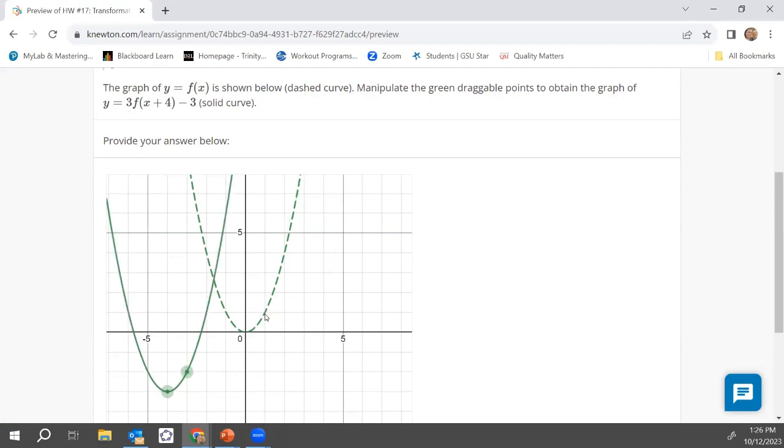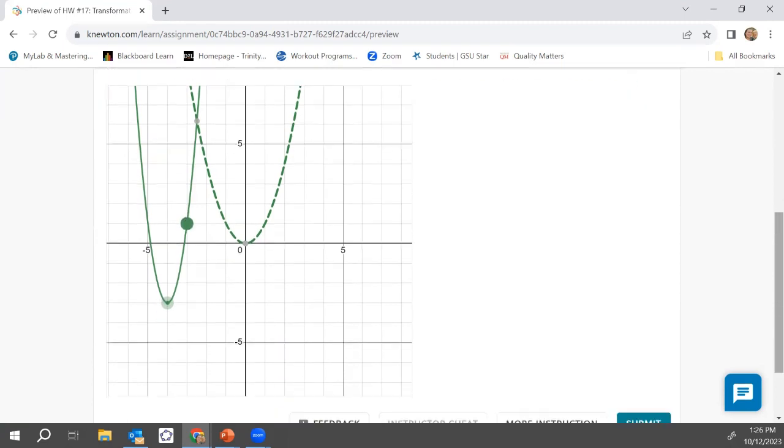You can see from here to here, the next spot is at 1, up 1 over 1. What I want to do, though, is that needs to be 3 times as much. Instead of going over 1, up 1, I need to go over 1, up 3, because I'm stretching that y value 3 times as high.